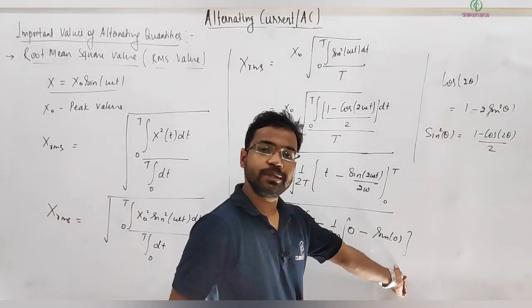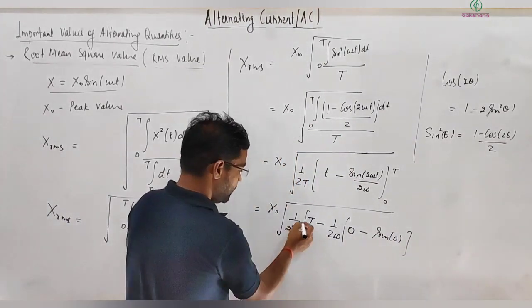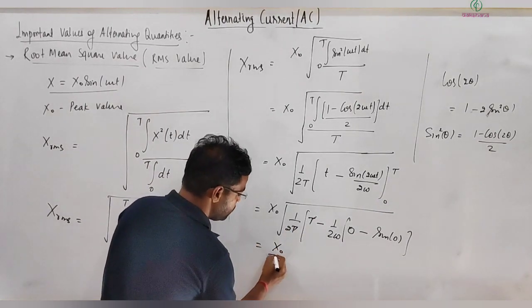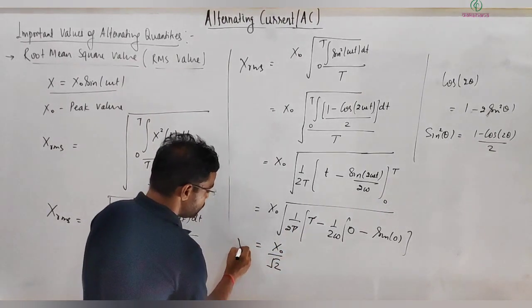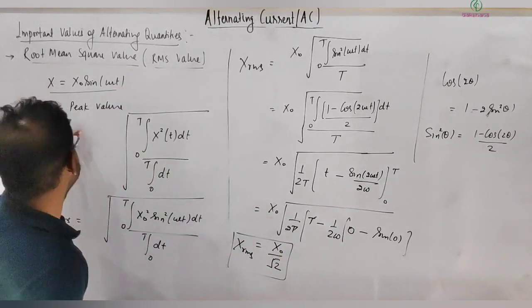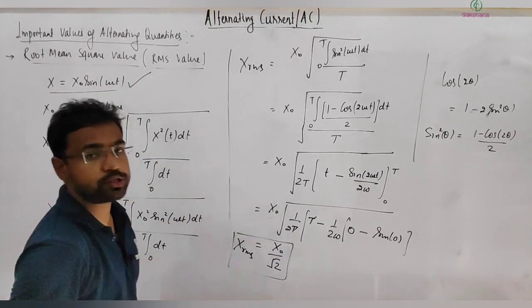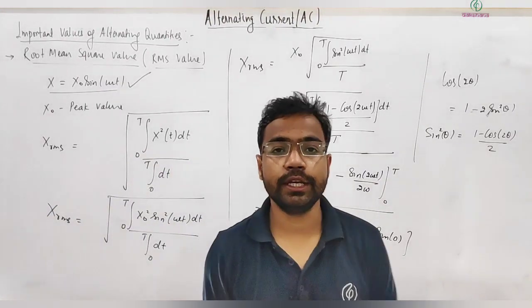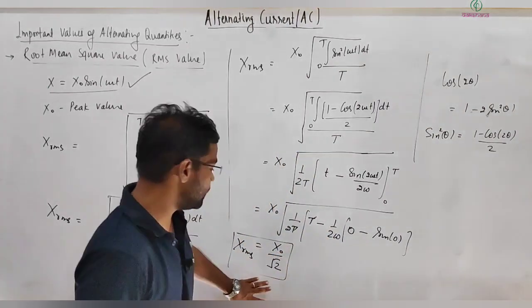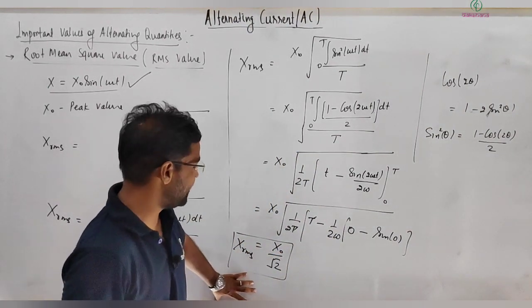So this complete term is becoming 0, and I am left with T. This is cancelled out, and we get x naught divided by root 2. So this is the RMS value of this sinusoidal or alternating quantity x, where x naught is the peak value. So I got the general expression for the RMS value.